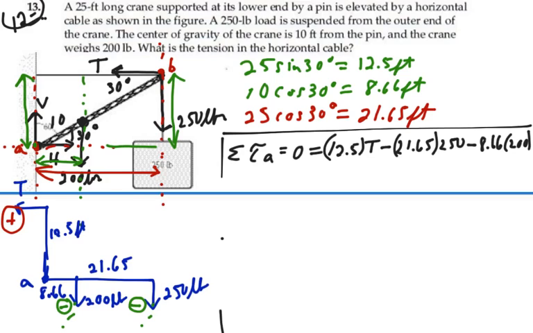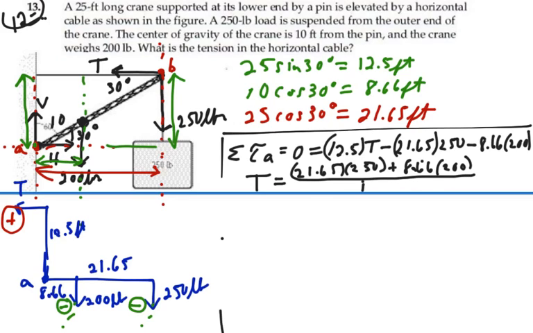I have a bunch of numbers and T. I can solve this for T. So T is going to equal 21.65 times 250 pounds plus 8.66 times 200 pounds divided by 12.5.